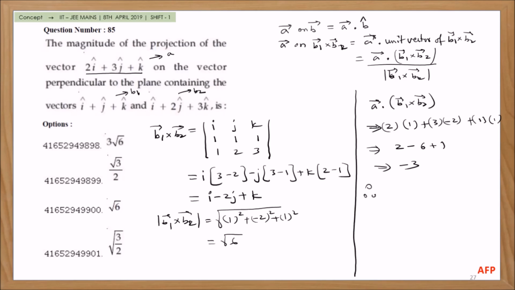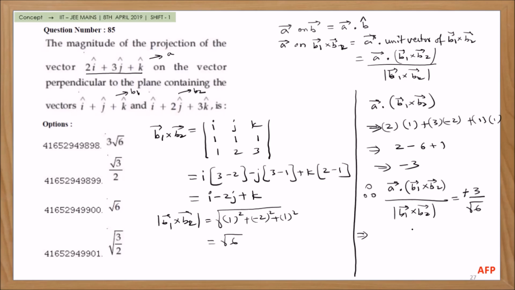Therefore vector A dot product B1 cross B2 divided by magnitude of B1 cross B2 is equal to minus 3 divided by square root of 6. So the magnitude of the projection will be a positive sign.